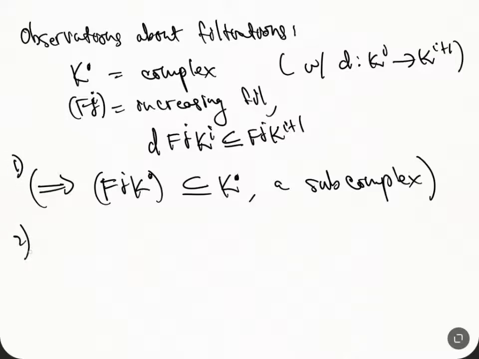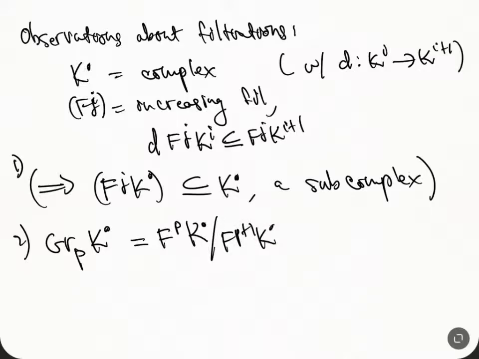The second thing that I wanted to say, maybe I should put that in parentheses, was that here we have this graded piece. Let's say the pth graded piece of K bullet is equal to F^p K bullet minus F^{p+1} K bullet, meaning the quotient.